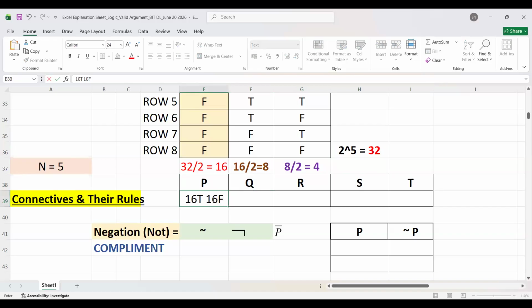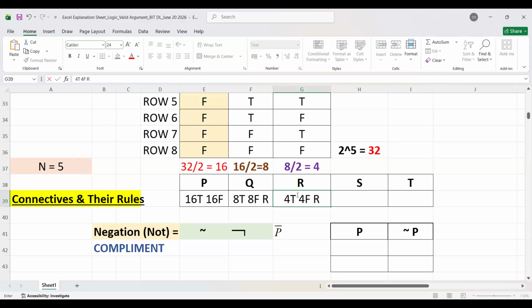Now when we come to Q, how will you share Q? 8 truths and 8 false. And then we repeat. Remember, you repeat to form the 32 rows. Now, R will be how many truths and how many false? 4 truths and 4 false.